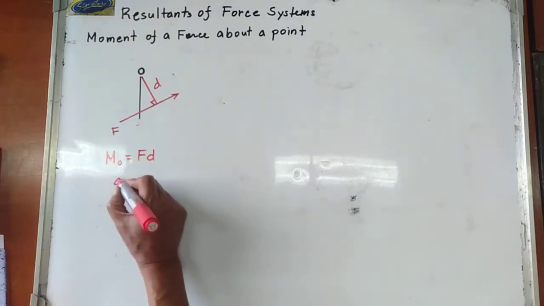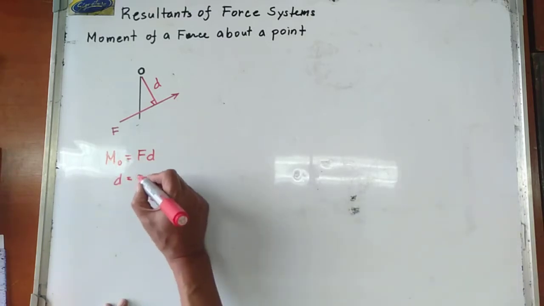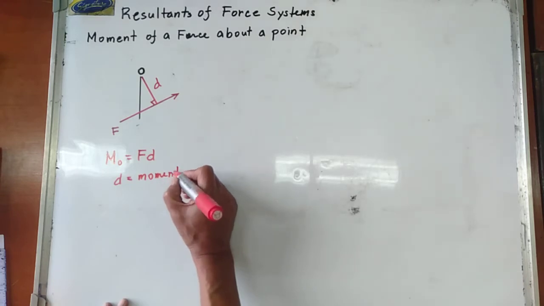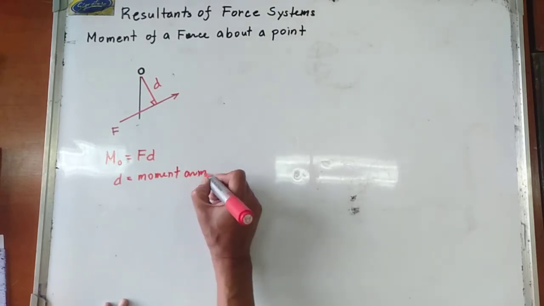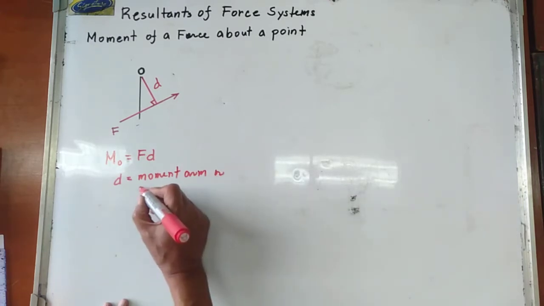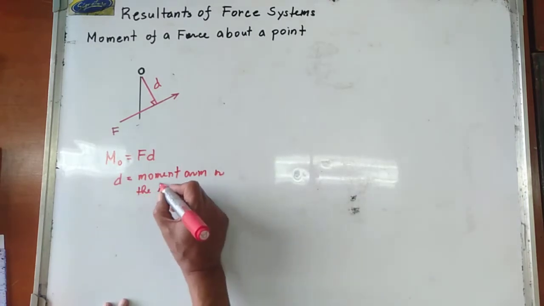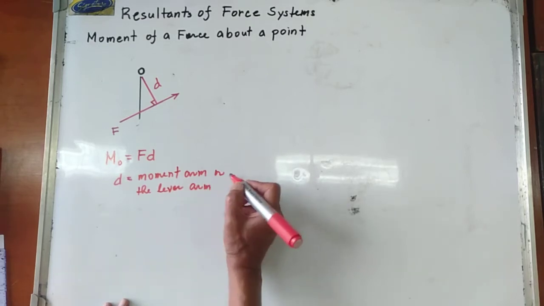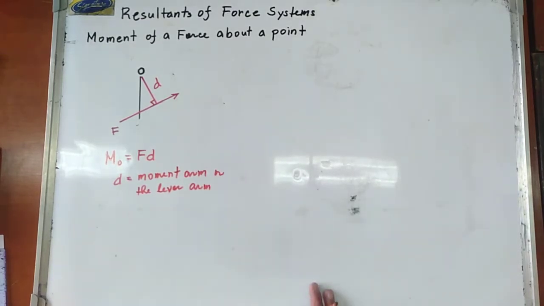Your D here is known as the moment arm, or the lever arm of that particular force about that point.